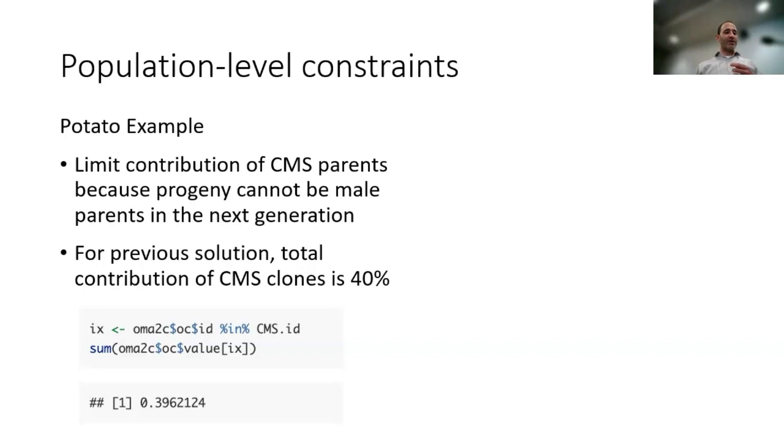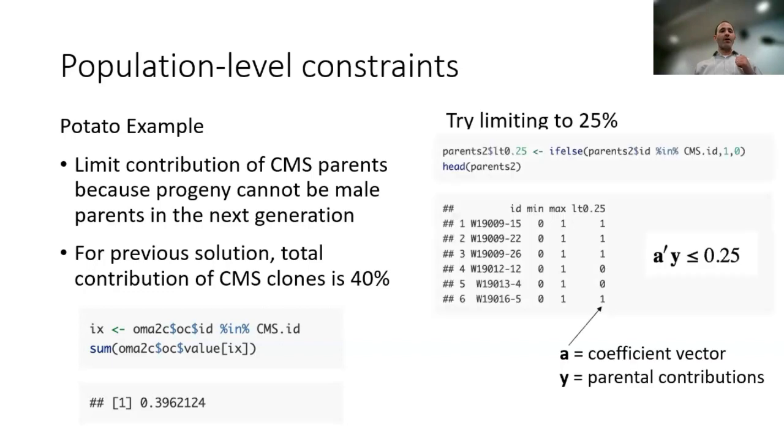This is a little bit of code that actually checks this. In the previous solution we just found, 40% of the total contribution is coming from CMS parents. Let's say we want to limit that to 25%. So you add another column to that parents table, which shows for every parent the minimum and the maximum.